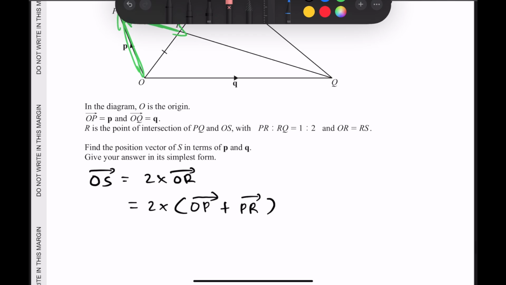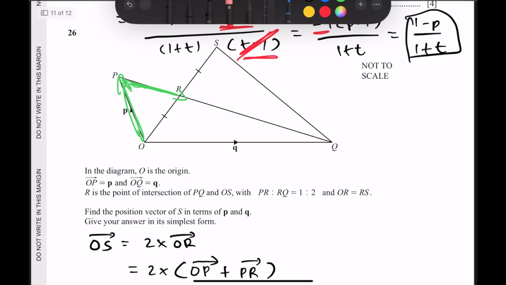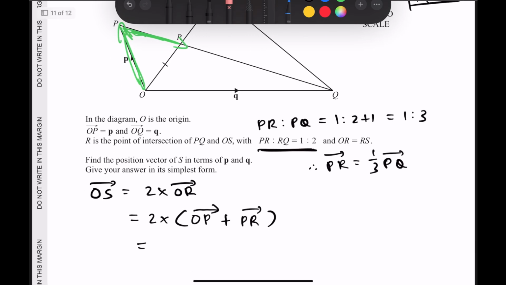Now to find PR, as told in the question, the ratio of PR to RQ is equal to 1:2, which means that PR to PQ is 1:2 plus 1, which is equal to 1:3. Therefore, PR is equal to 1/3 of PQ. Like the vector of PR is equal to 1/3 of the vector of PQ.